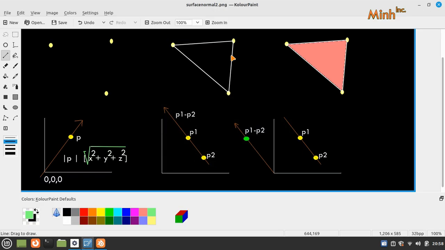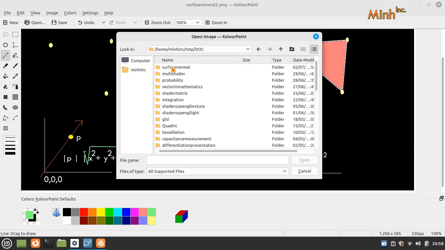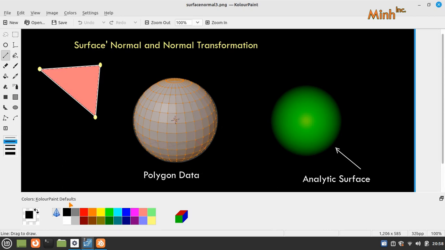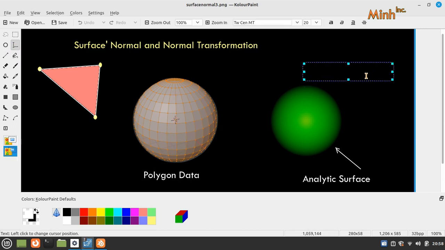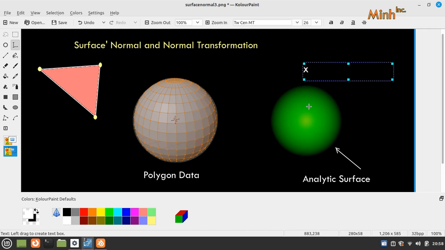A surface can be represented as a polynomial equation, so I can say x square plus y square plus z square minus k, or minus 1 if it is a unit sphere, equals 0.